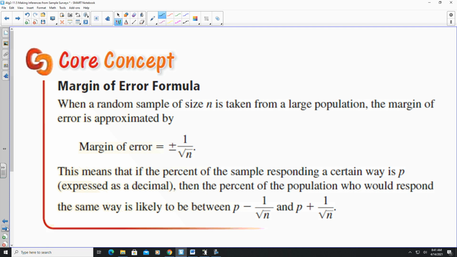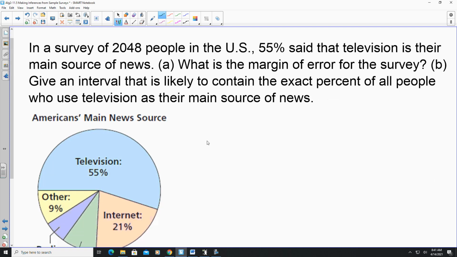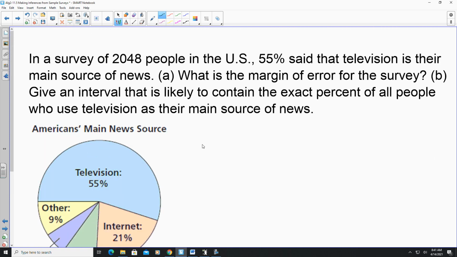So what we're going to look at is, it says here that in a survey of 2,048 people in the United States, 55% said that television is their main source of news. So the first portion of this is they want us to figure out what is the margin of error of this survey.